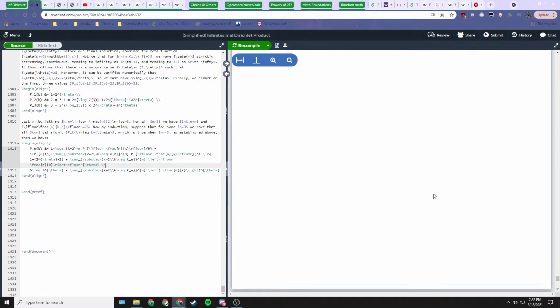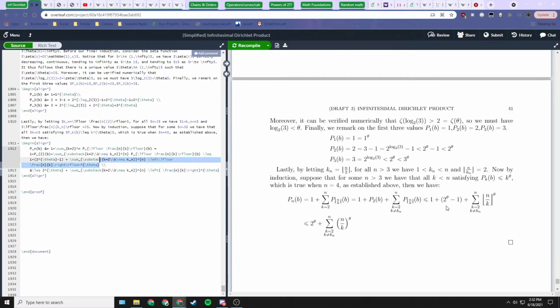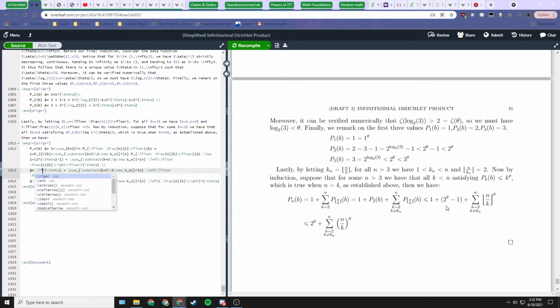So we end up with this. So this is actually equal to, so this 1 cancels out, and this 1 cancels out. And again, this 2 is just the fraction n over k sub n.